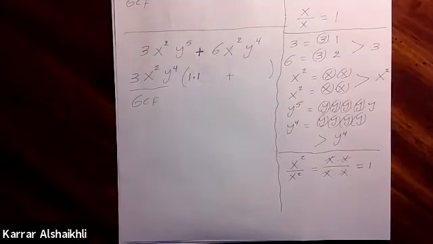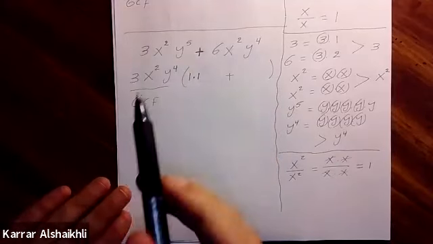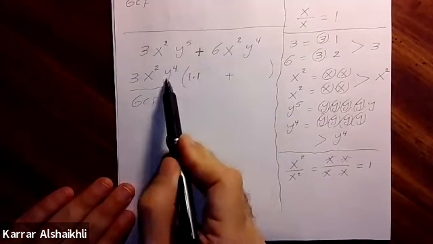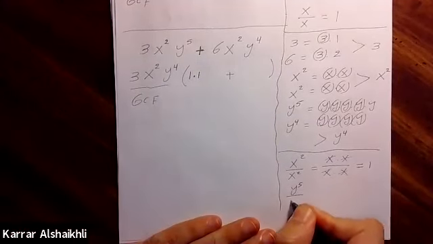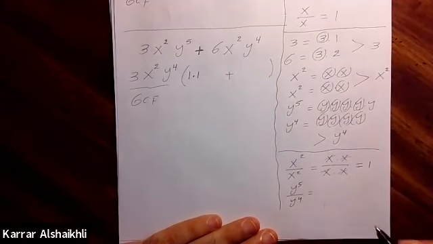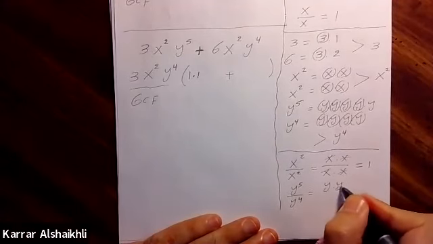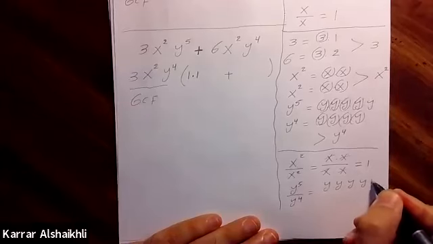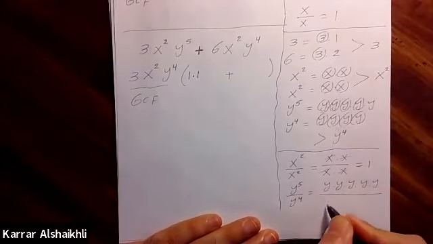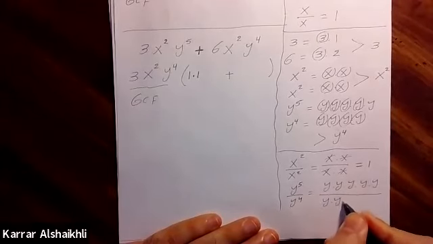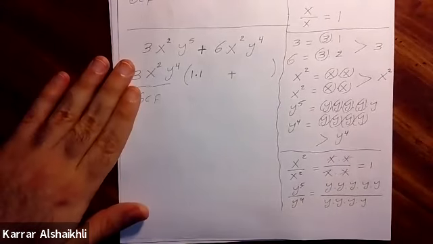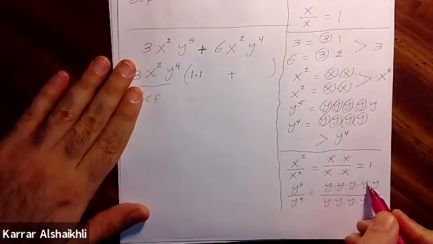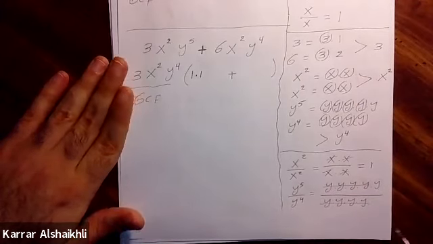Let's keep going. Now we have to divide the y. Y to the power 5 divided by y to the power 4. That means 1, 2, 3, 4, 5 divided by 1, 2, 3, 4. So you're gonna cancel 4 y's from the top, and you're gonna cancel 4 y's from the bottom.